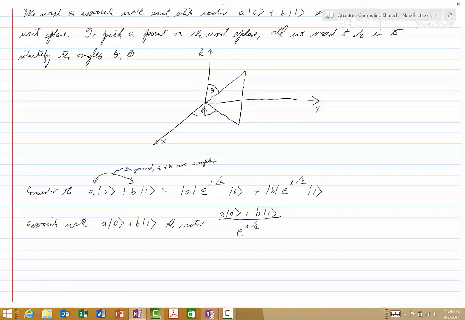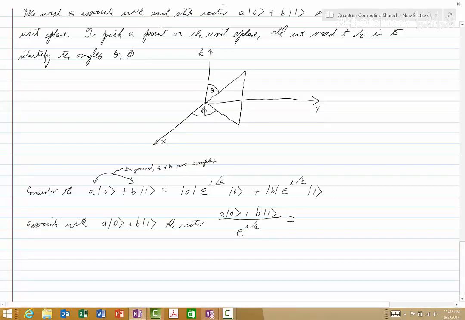So all we're doing here is we are taking the state vector that we're interested in and multiplying it, pre-multiply or post-multiply doesn't matter, because this is just a scalar, by e to the minus I times the phase of A, or dividing it by e to the positive I times the phase of A. And so let's see what we get then.